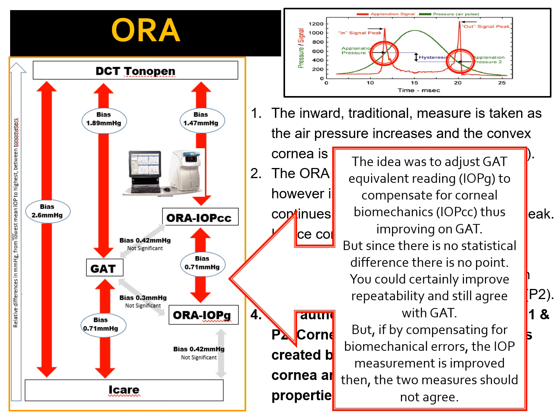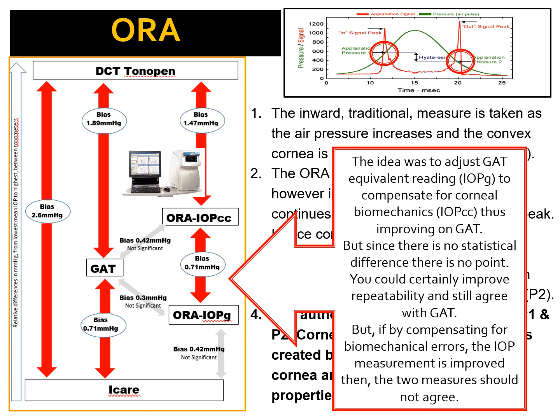So they did an algorithm where they adjusted the reading based on this second reading in a proprietary way. But when we did it, there's no statistical difference between the two anyway. So you can't improve on GAT and agree with GAT at the same time. And they were striving to agree with GAT.